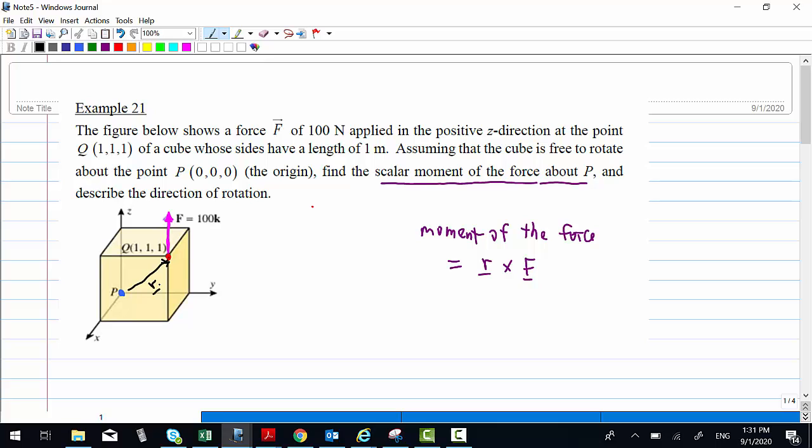Where F is the force acting on the point away from the center. This is the moment of the force. So this is the vector product.